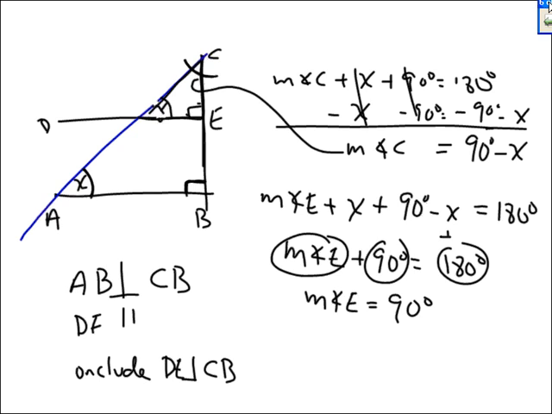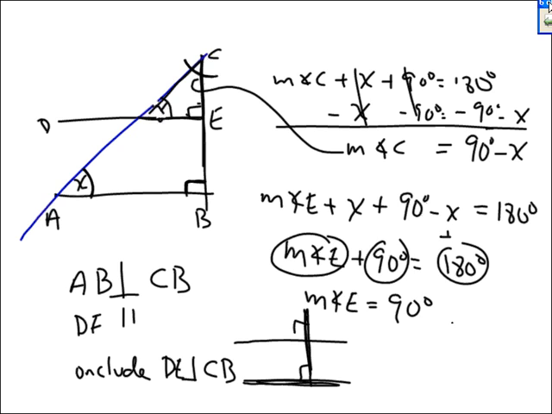That's 90 degrees. Okay, so what we proved is if you have two lines that meet at a right angle, and you have another line that's parallel, say, to this one, and it meets that perpendicular line, it's going to meet it at a right angle.